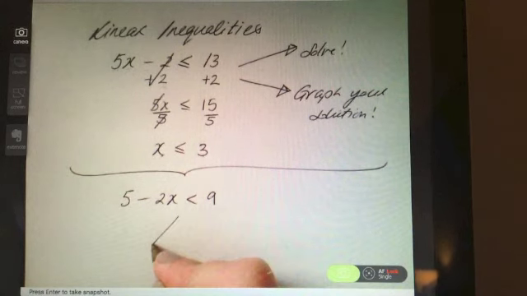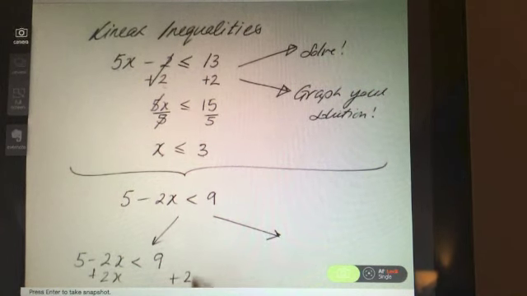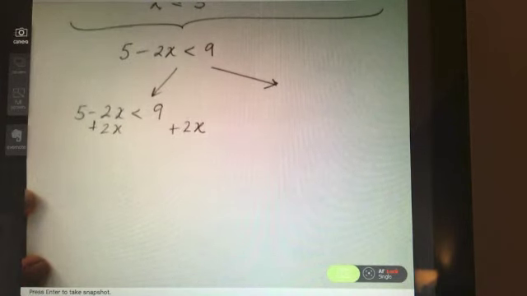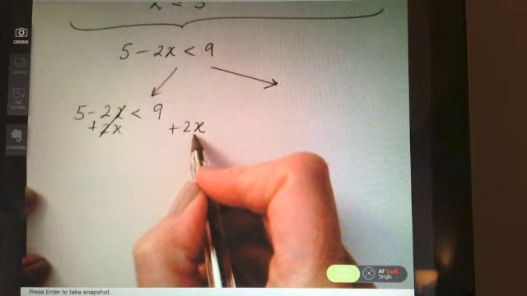Now there's two ways you can look at this, and I'm going to show you both ways. The first is, the minute you spot you have a negative x term, what you could do is immediately add 2 x's to both sides in order to get that negative term onto the other side.